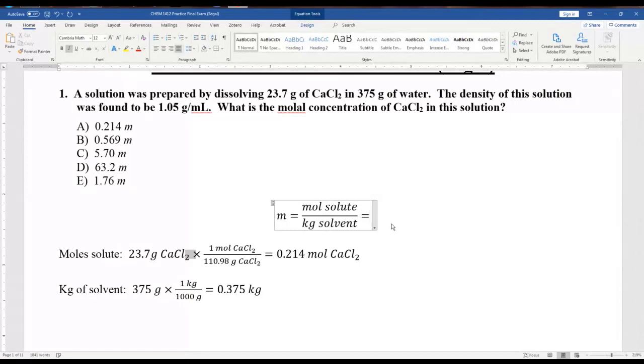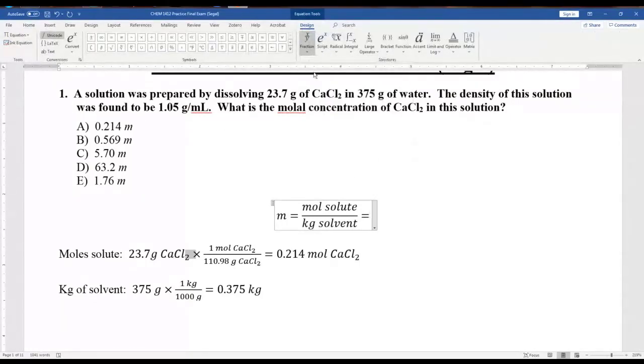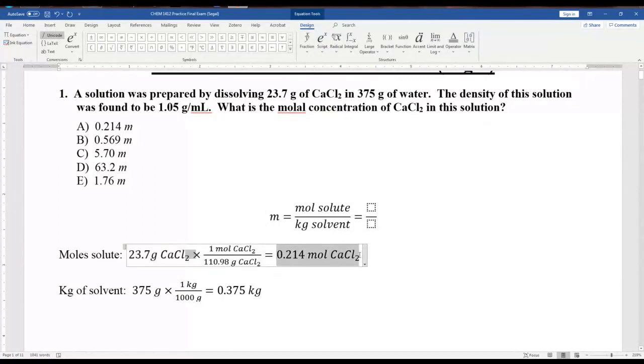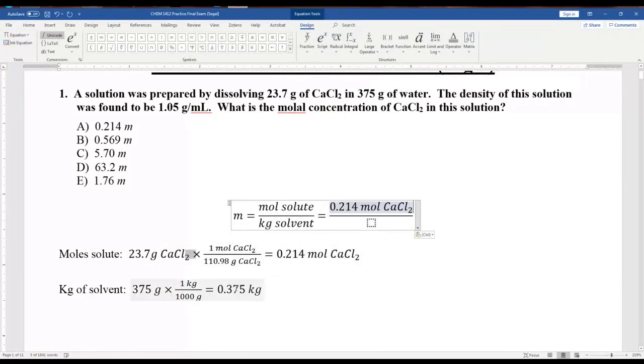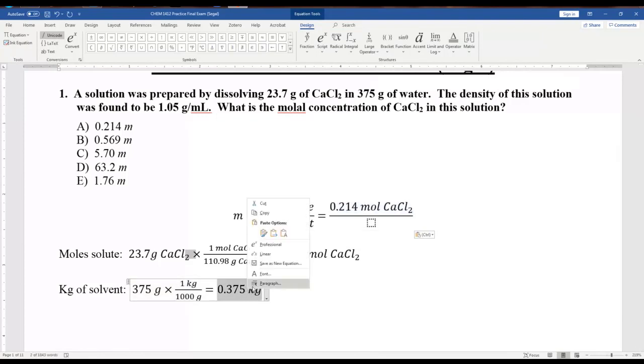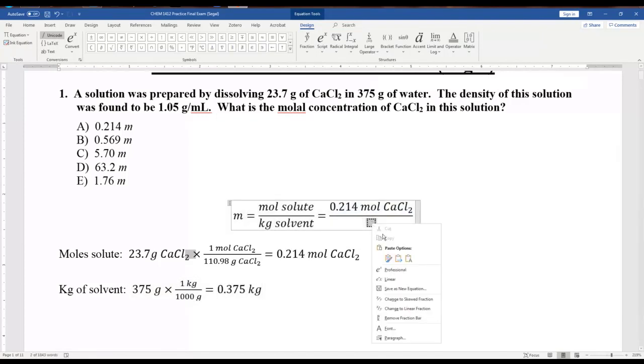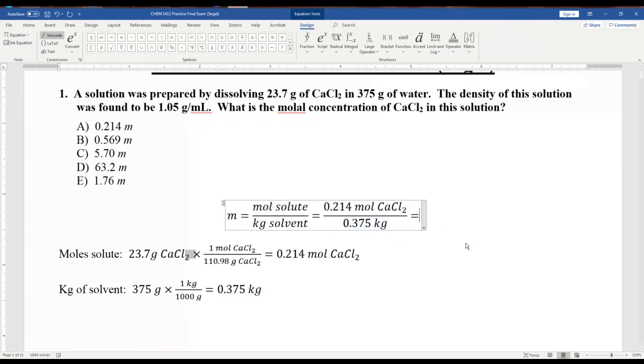So now all I have to do is divide those two by one another. So I'll take the moles of calcium chloride here, and I'll take the kilograms of solvent here. Water's the solvent. And then I will simply go ahead and divide one by the other.